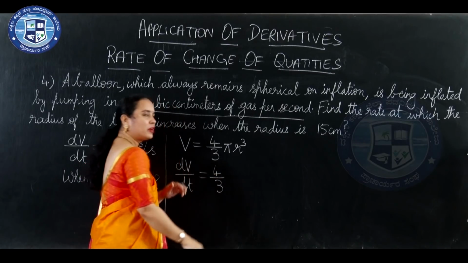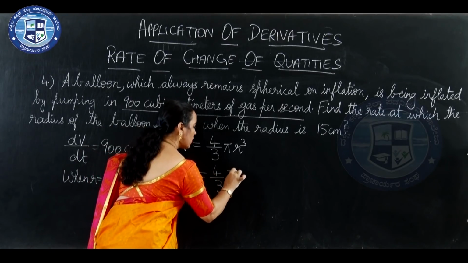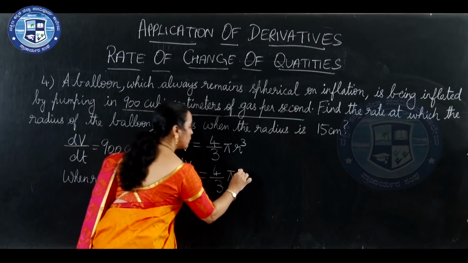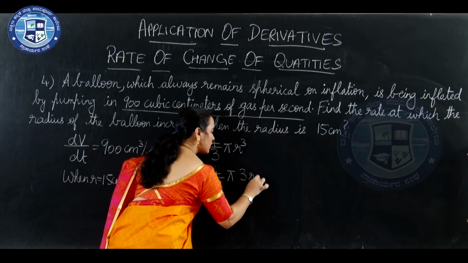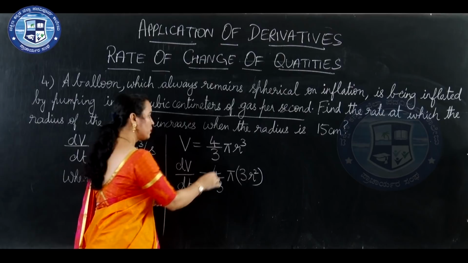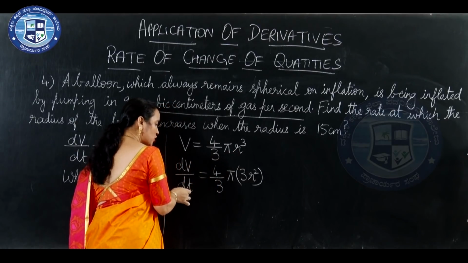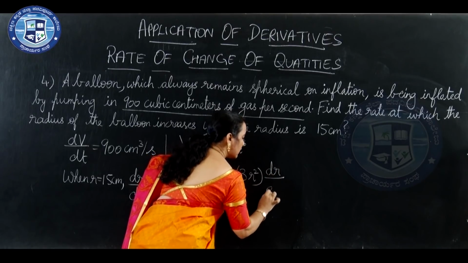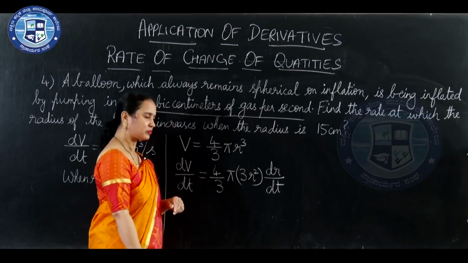4 by 3 will remain as it is, pi will remain as it is, r cube when you differentiate, bring the power down and subtract 1 from the power. So, you will get 3r square, r you are differentiating with respect to t. So, do not forget to write dr by dt.